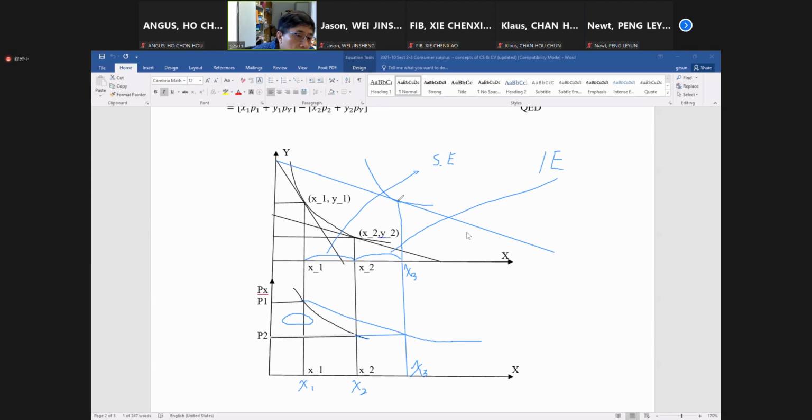If X is a normal good, by definition, the more money you have, the more you consume. Then the consumer will buy more, from X2 to X3. So for any normal good, the change from the substitution effect and the change due to the income effect are in the same direction.